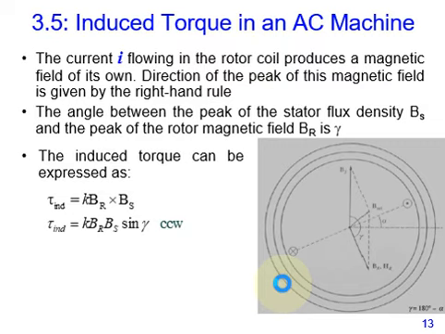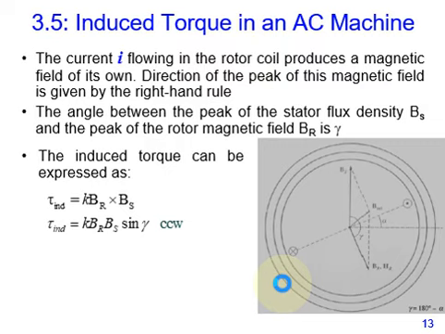As we know, tau induced in this case would be the cross product of both of the magnetic fields multiplied with the constant K.